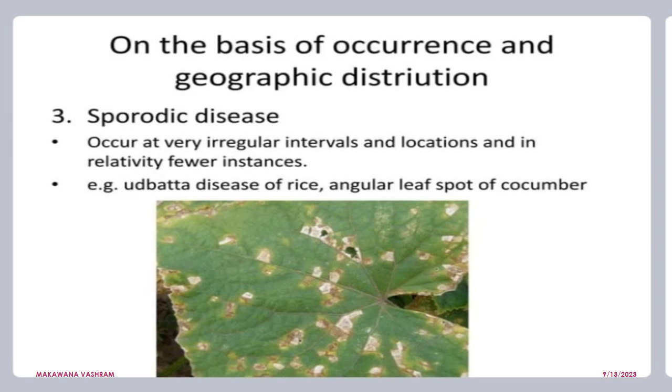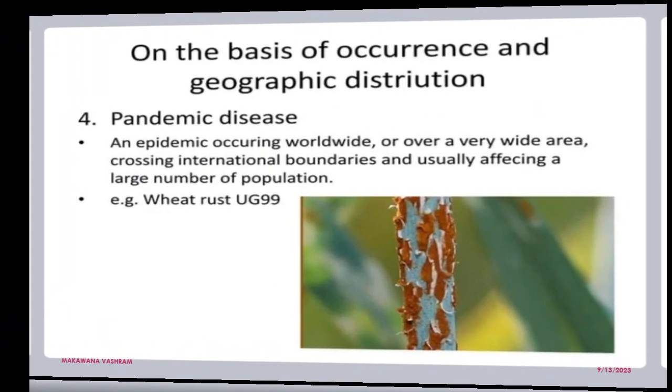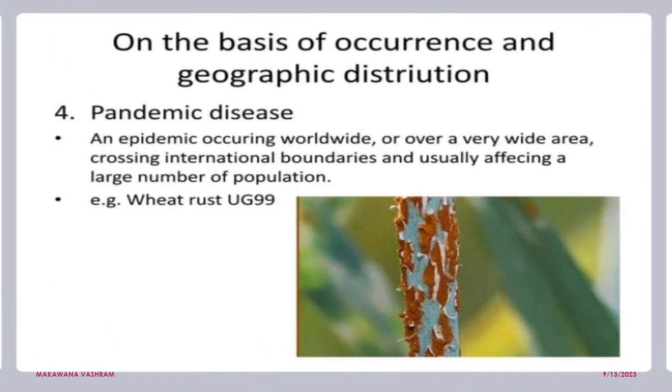Example: blast disease of rice, angular leaf spot of cucumber. Pandemic: an epidemic occurring worldwide or over a very wide area, crossing international boundaries and usually affecting a large number of the population, like wheat rust.